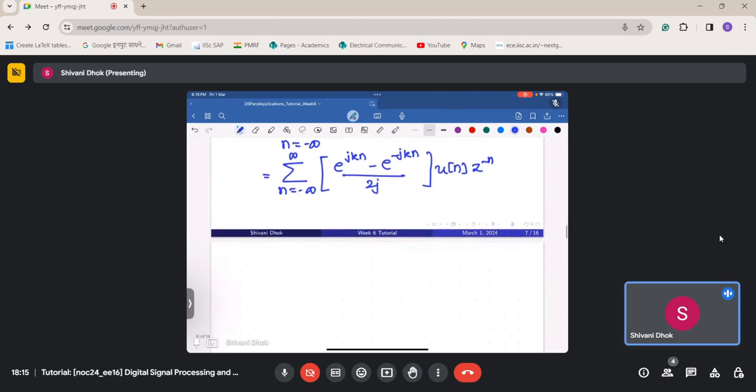Now since this quantity has a unit step, I can change the limits from 0 to infinity and drop u of n. So what I have is summation n from 0 to infinity e power j kn z to the power minus n plus summation n from 0 to infinity e power minus j kn z to the power minus n.